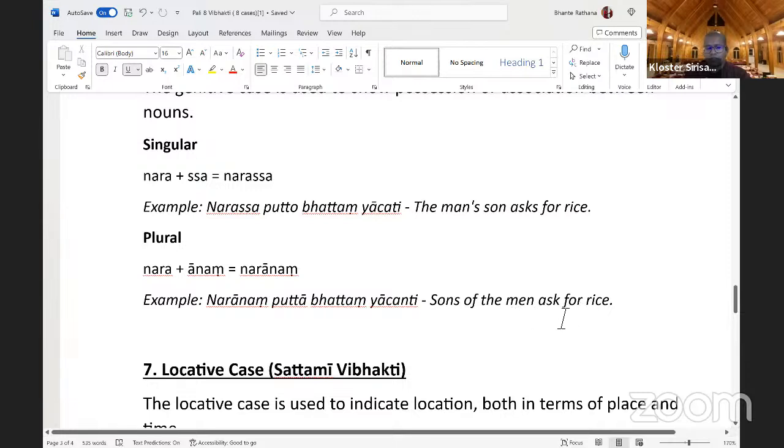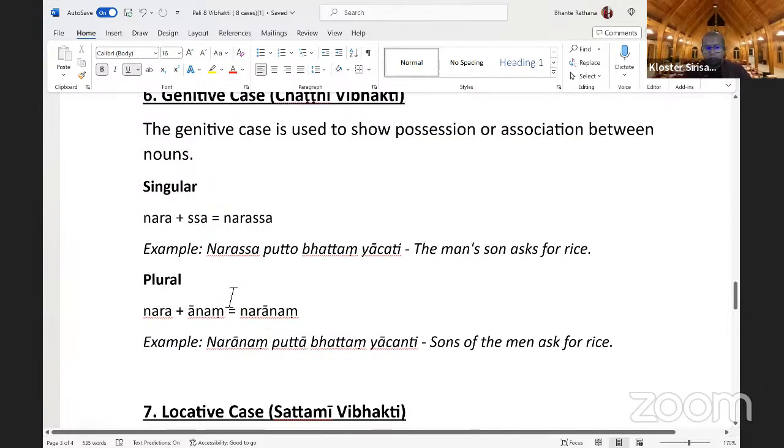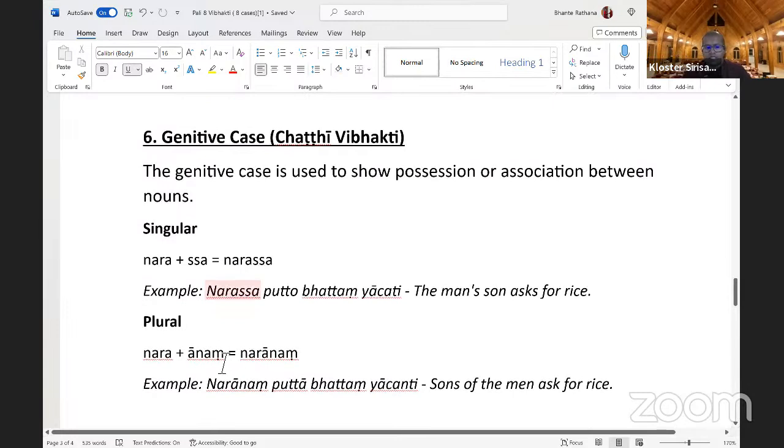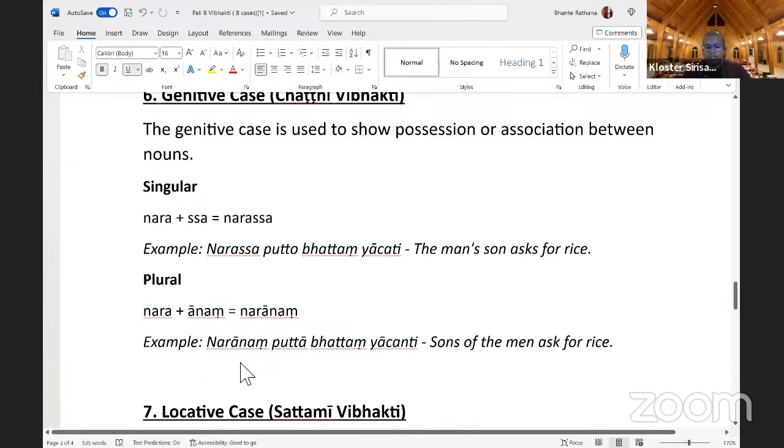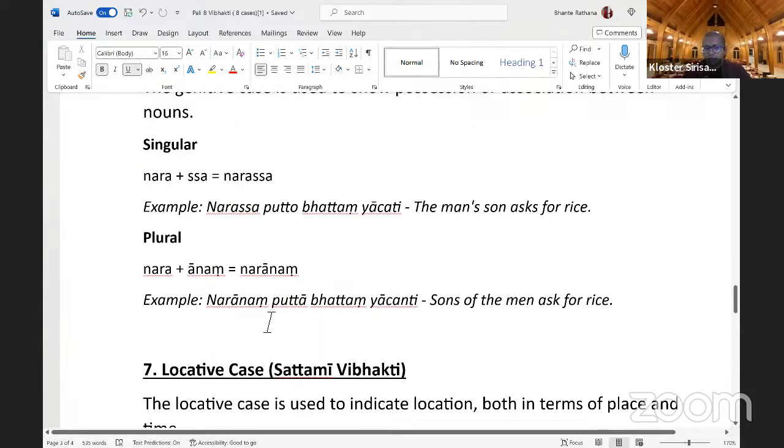Sons of the men ask for rice. Here the genitive plural case is narānaṃ puttā. Okay, narānaṃ is the genitive plural.